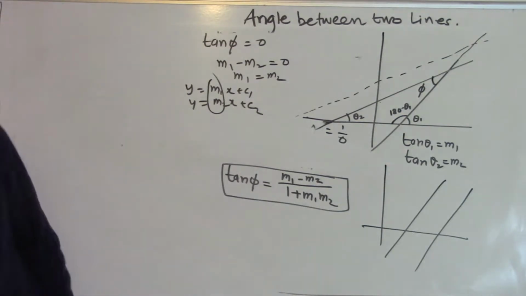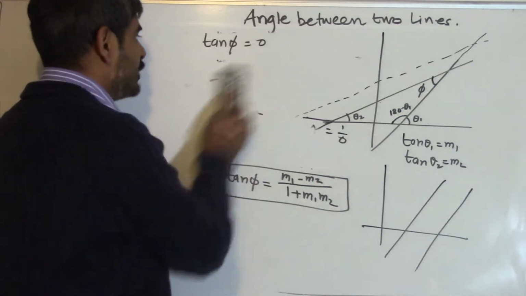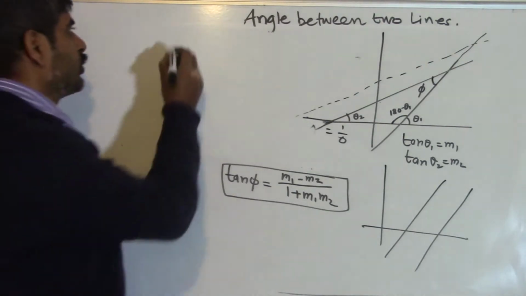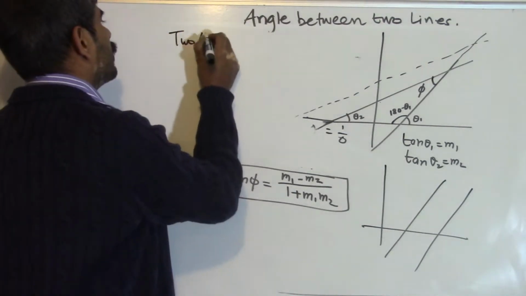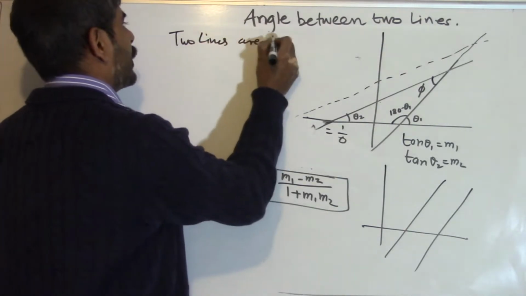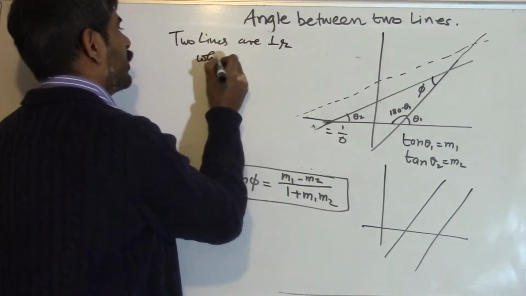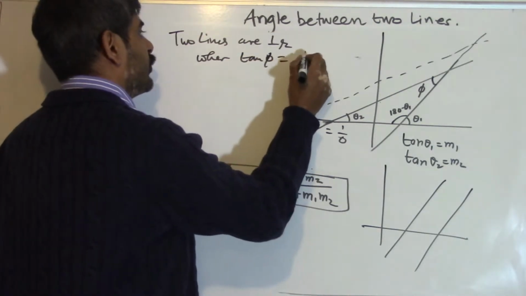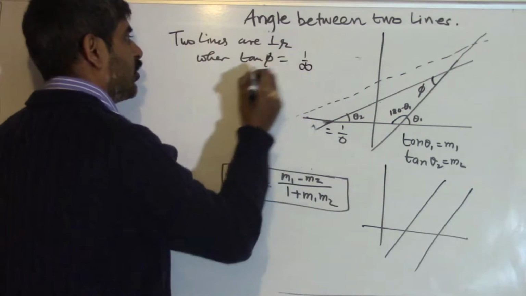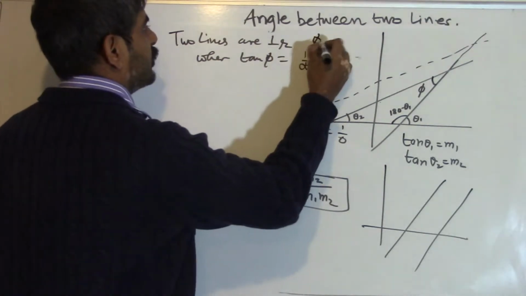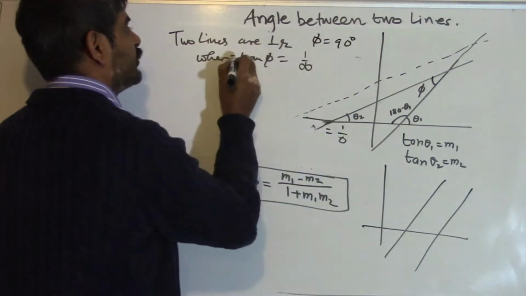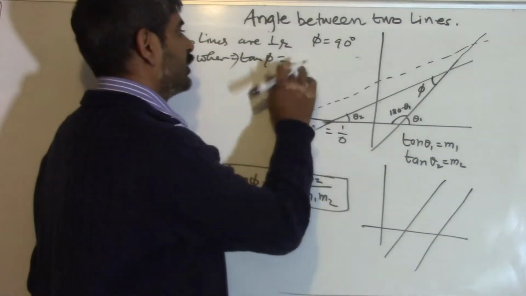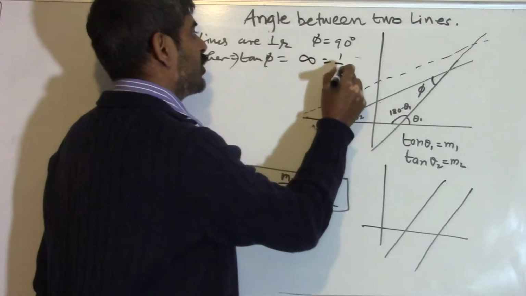And another special case is when two lines are perpendicular, and this one is going to be very important. Two lines are perpendicular when phi is equal to 90 degrees, and this will imply that tan phi is equal to infinity, which means 1 upon 0.